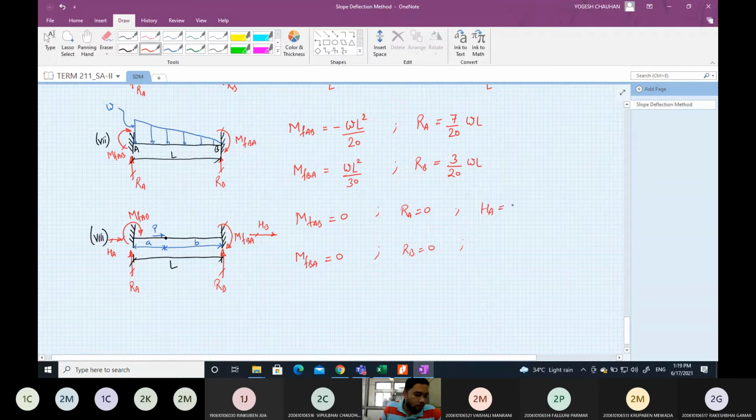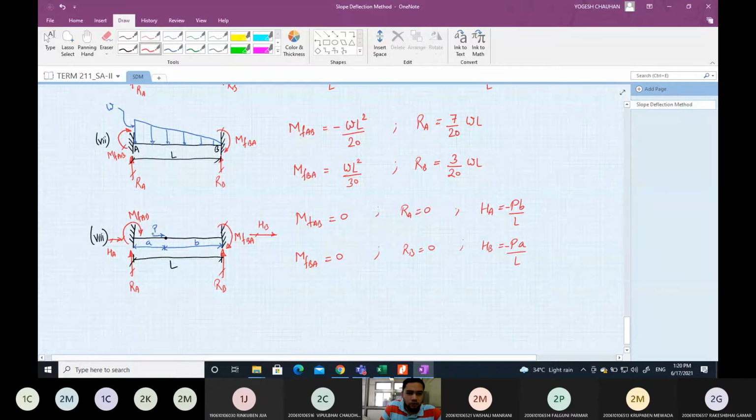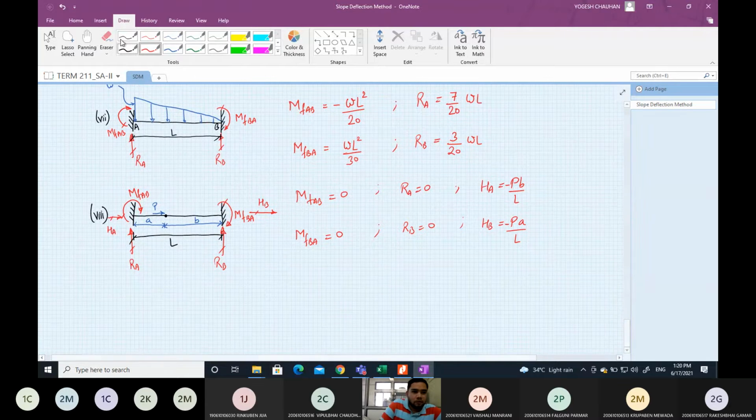The value of HA will be PB by L, and the value of HB is equal to PA by L, because the load is acting from left to right, and this reaction will be acting in the opposite direction. So this will be minus PB by L, HA will be minus PB by L, and HB will be minus PA by L.